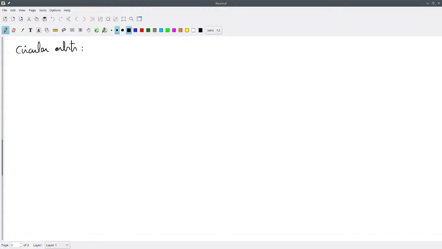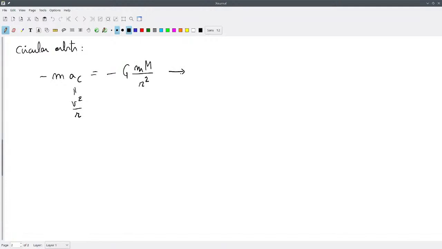For our circular orbits, the centripetal acceleration will be caused by the gravitational force. I'm going to write the centripetal acceleration with a minus sign because it's pointing towards the center, and that will be equal to the force, which also has a minus sign because it's also towards the center of rotation, towards the center of the Earth, and the force will be G times m, big M, over r squared. We also know that the magnitude of the centripetal acceleration is v squared over r.